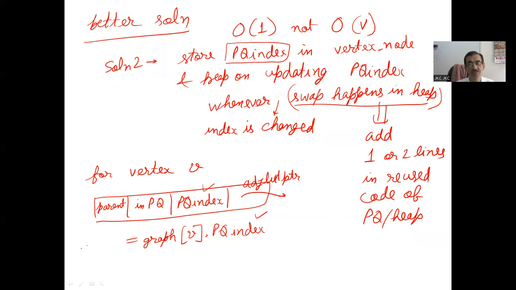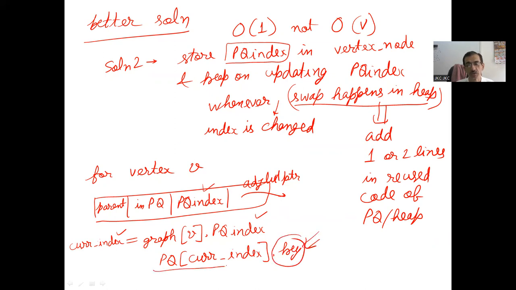So I can say this will become my new index, or current index. Using this index, for example, now I say it is current index. So I will get current index used, and then I can say PQ current index dot key will be compared. So wherever we were using a key, I can use this.